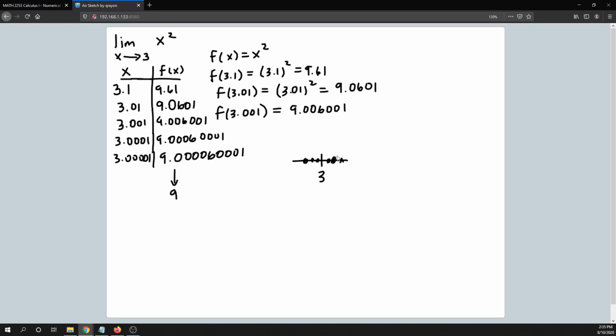One of the things you're going to need to do, and we'll go into more detail about this later, is also look at these values from the other direction. So I could take some values of x that are pretty close to 3, but over here on the left side, so they would be less than 3, like 2.9, and plug that into the function and see what I get.